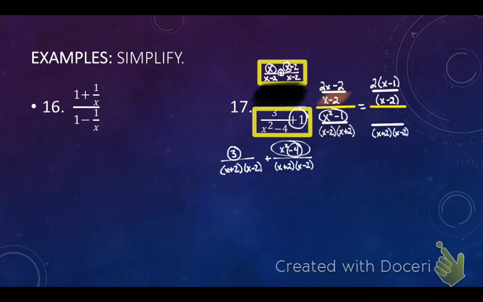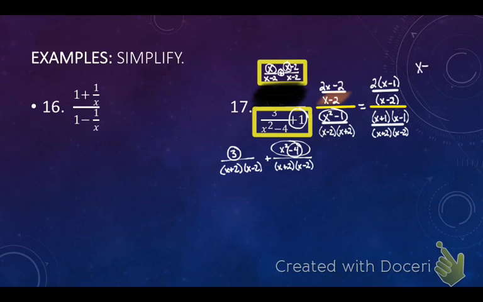Can I factor right here? X plus 1, x minus 1. Now, if you had me in class last year, I did it a certain way, if I left them stacked. Okay. First things first.